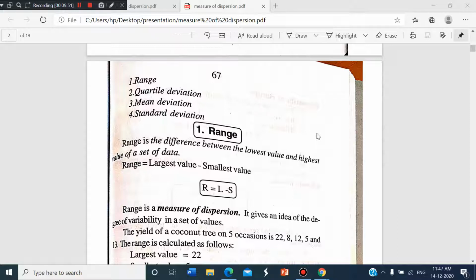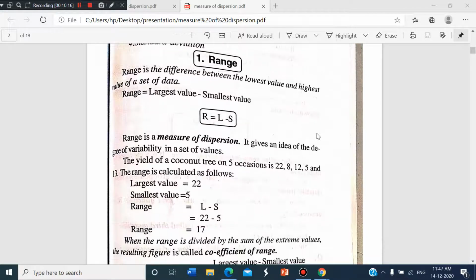The yield of a single coconut tree on 5 occasions in a year: the person harvested 22 coconuts once, 8 once, 12 once, 5 the fourth time, and 13 on the fifth time. Now you calculate the range.